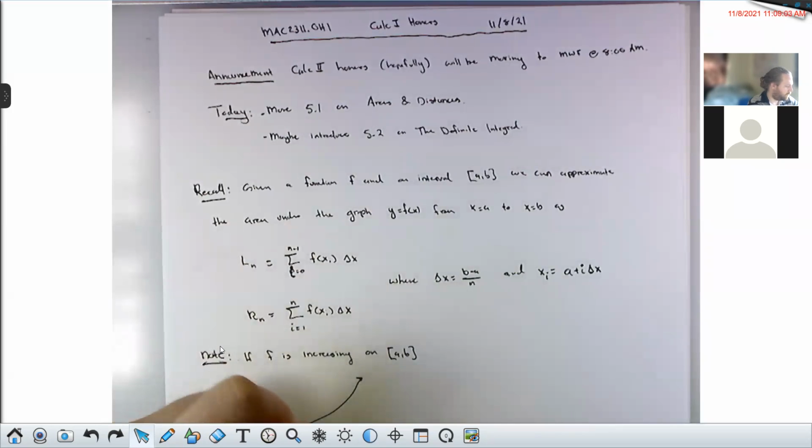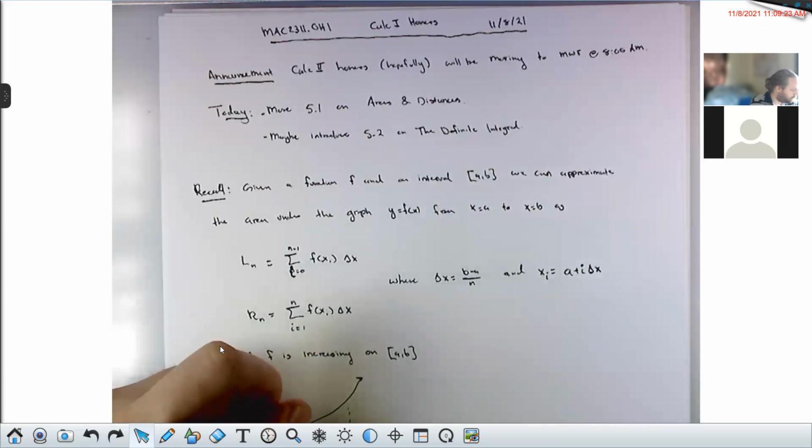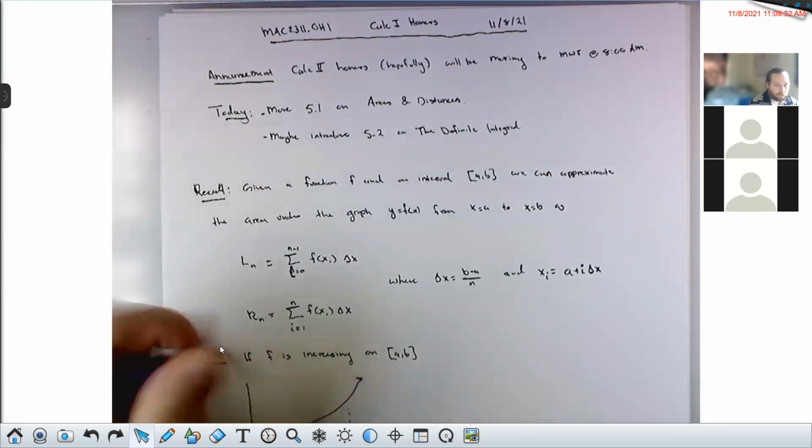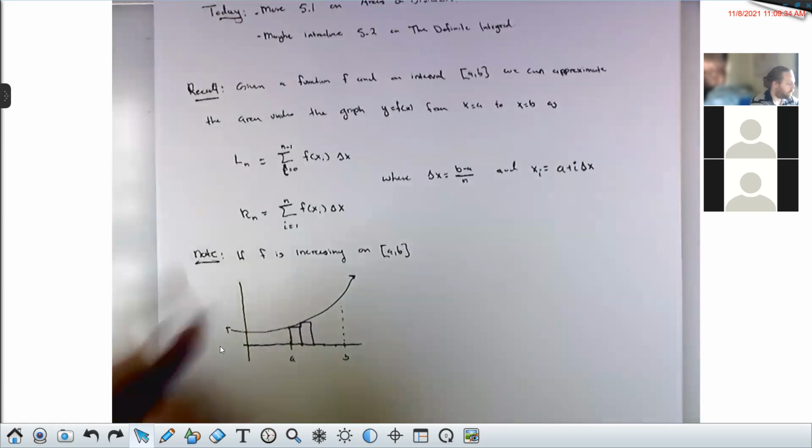Maybe here's a, here's b. And you chop this up into some pieces and you look at those rectangles. Then the left sum will be an under. Could you see that came up slightly? Oh, yeah, sure, sorry. Oh, thank you.